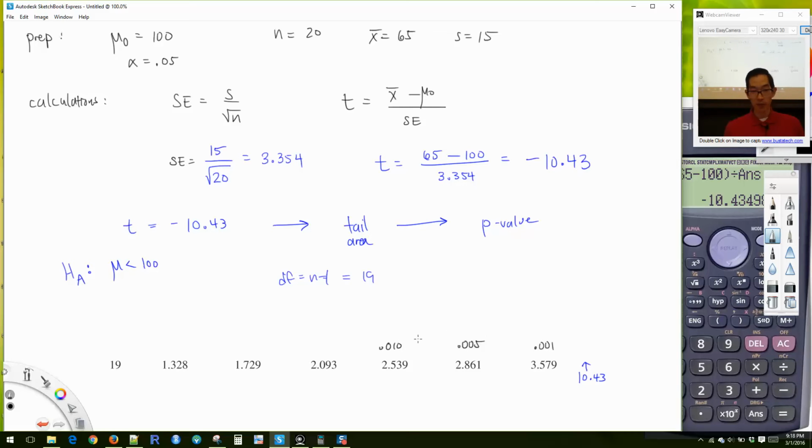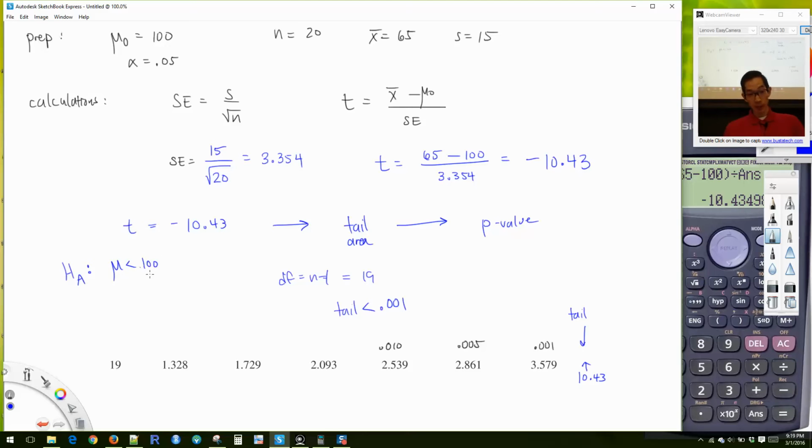So my T is over here, which means my corresponding tail has to be over here. Do the numbers get bigger or smaller as we go to the right? The tail areas get smaller. So all we know is that my corresponding tail area is less than 0.001. Is that okay? All right.